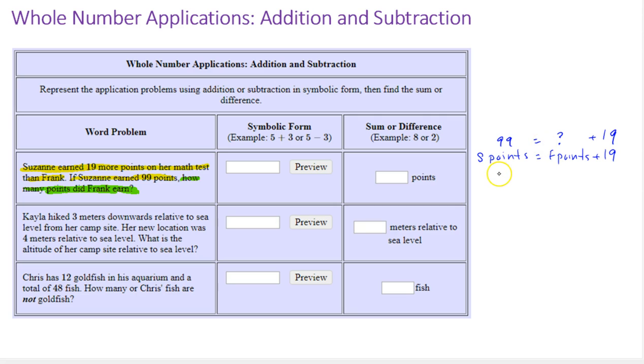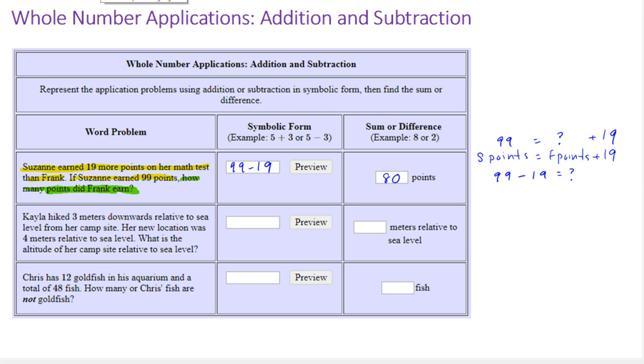Well, we could say that 99 minus 19 is what Frank earned. So if you could add 19 points to Frank's points to get Suzanne's, that means you could take Suzanne's and subtract the 19 to get Frank's points. This is 99 minus 19, which is 80.